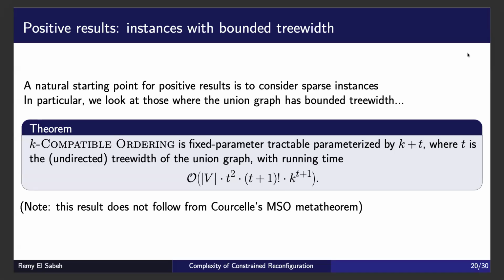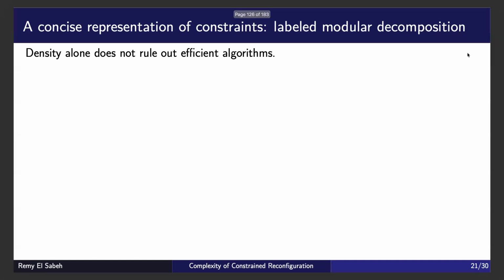We actually have an algorithm, we're not just using Courcelle, and most of the reason is that when you're looking at permutations of things, it's not entirely clear how you can express things in MSO terms. So that's the more obvious positive result.